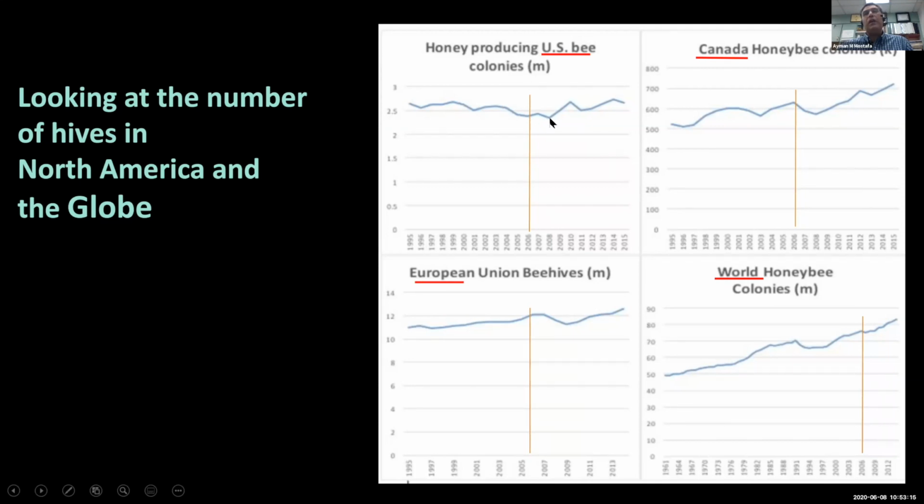We have some decrease after it, but a couple of years later, they are going up and down, but in general, the trend is going up. In Canada, a similar trend. After the colony collapse disorder, we have a dip here, but after that, it's going up. Same in Europe, and even the world.